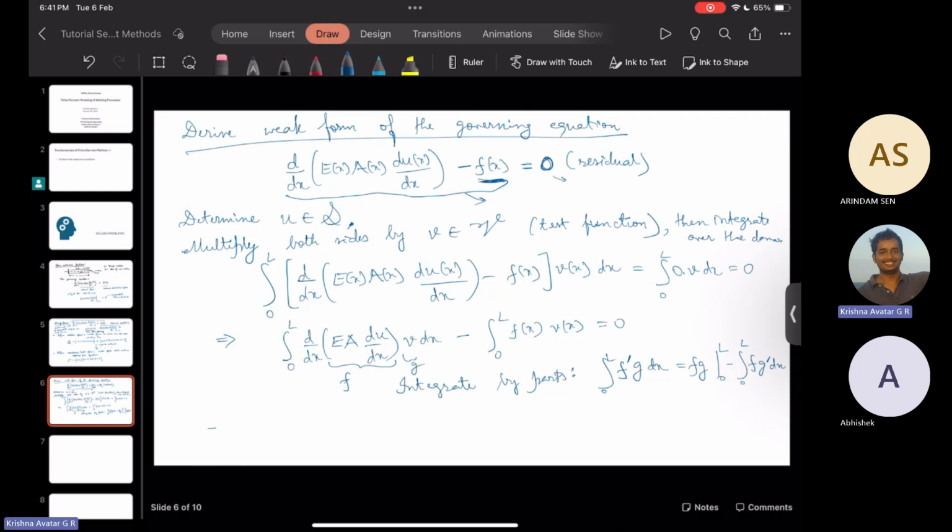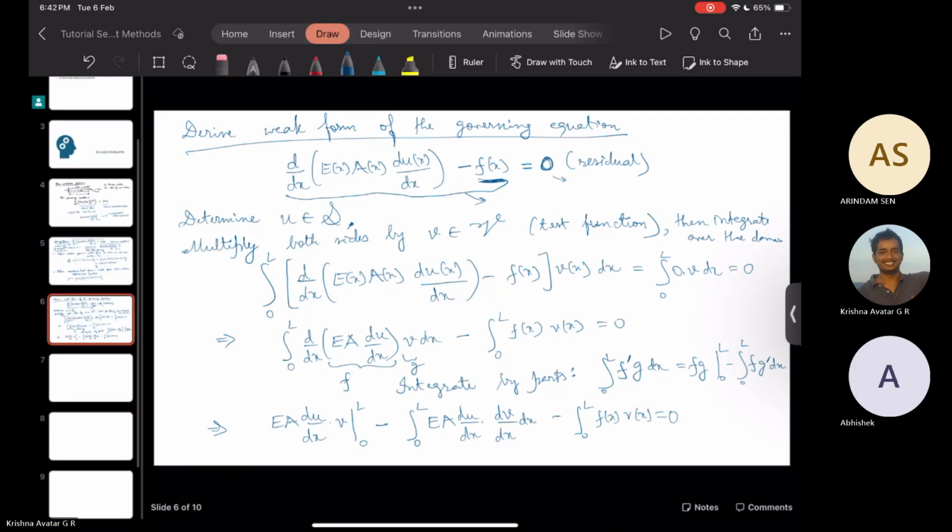So what we have here is, we'll expand it: EA du/dx times v from 0 to L, minus integral 0 to L of EA du/dx dv/dx, minus integral 0 to L of f of x v of x is equal to 0. Fine.